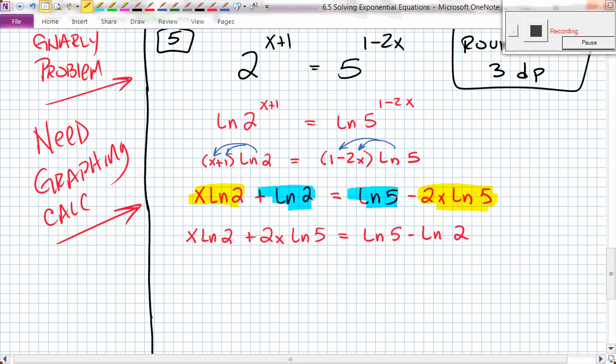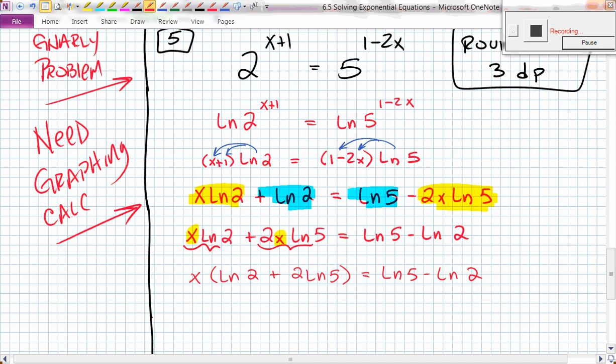Do you see there's an x there and there's an x there in both of my terms? So, I can factor an x out of that term and factor an x out of that term. So, that leaves me with this. x times the natural log of 2 plus 2 natural log of 5 equals natural log of 5 minus the natural log of 2.